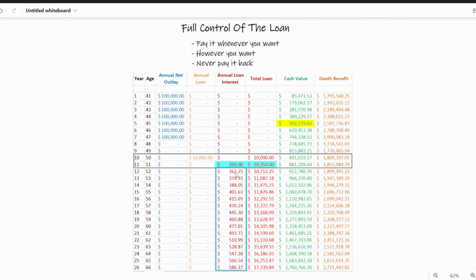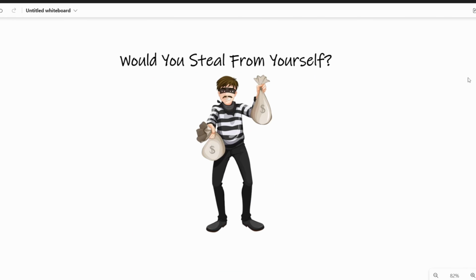Notice that the interest is accruing over time. I always ask, would you steal from yourself? You were going to pay Wells Fargo, Chase, those high interest credit cards back, but not yourself? These are like your bank. Don't steal from your bank, which leads to the next benefit.